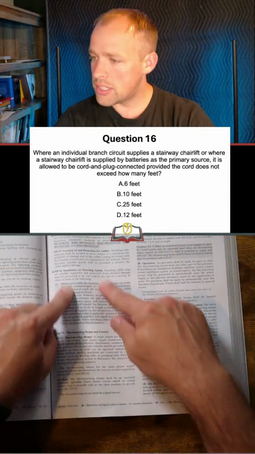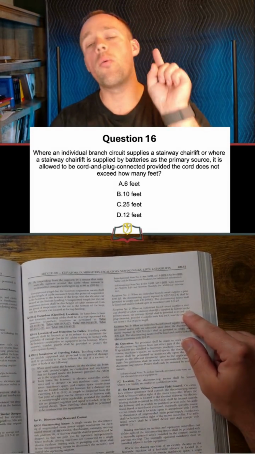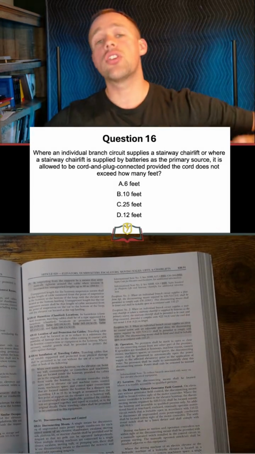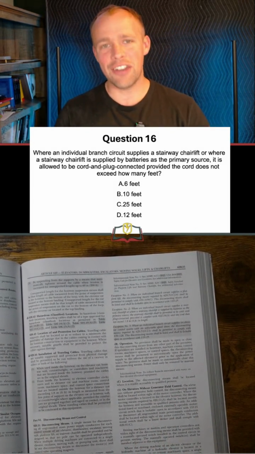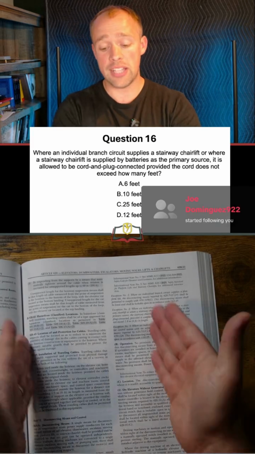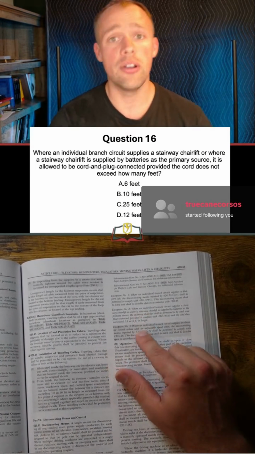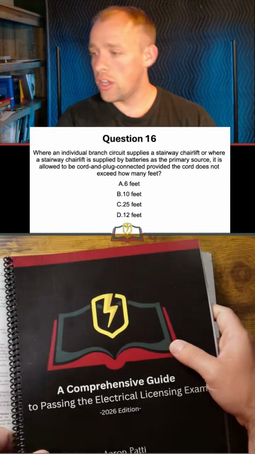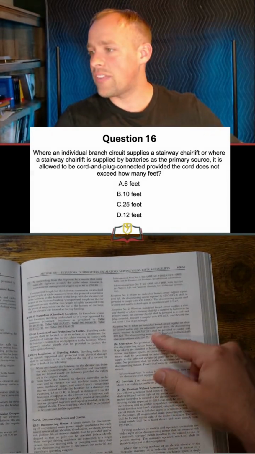I was able to go to disconnecting means and get a code article and exception that was verbatim to my question, so that I was 100% confident I'm getting this right. Guys, can you see the difference in the different code articles we got, from the one from the comments and then from the one I got from my navigation method? Okay, I'm telling you, the navigation method is gonna work so that you can find any answer to any question with, like, I'm 100% confident I got this question correct.